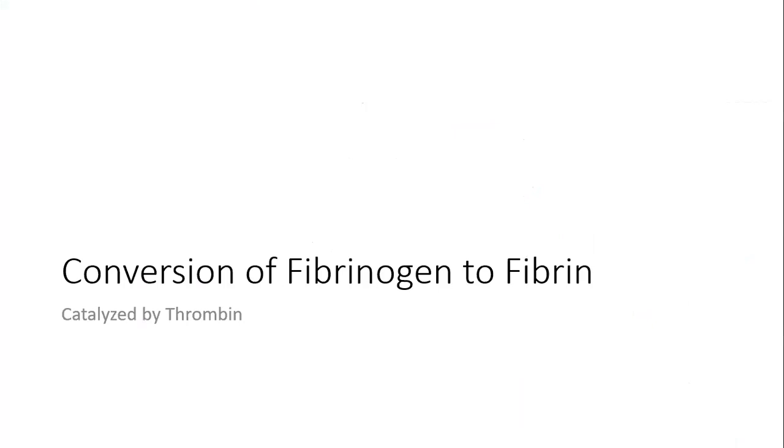So next, we're done with platelet aggregation, and we have discussed the activation of the intrinsic and extrinsic pathway. Now we are ready to form your fibrin. The next phase is the formation of your fibrin mesh, right? So this conversion of your fibrinogen to fibrin is catalyzed by your thrombin.